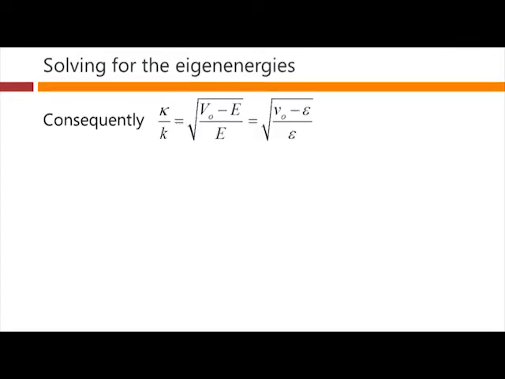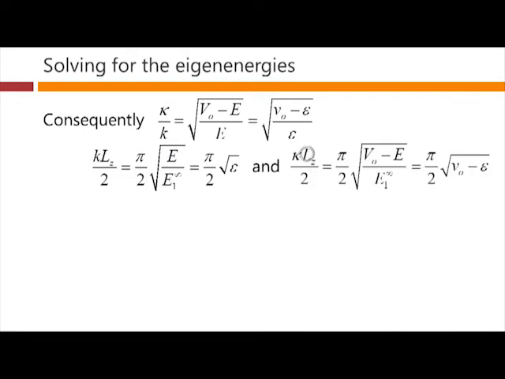So, consequently, we have this equation for kappa over k written in the dimensionless units: the square root of nu naught minus epsilon over epsilon. And for k Lz over 2, using these dimensionless units, we would have E over E1 infinity here in the square root with pi over 2 in dimensionless units. That's pi over 2 times the square root of epsilon.